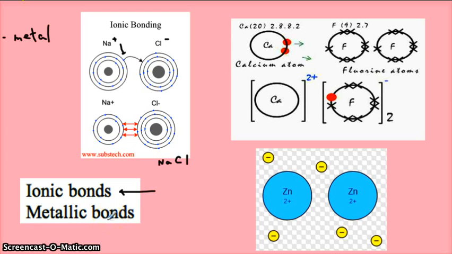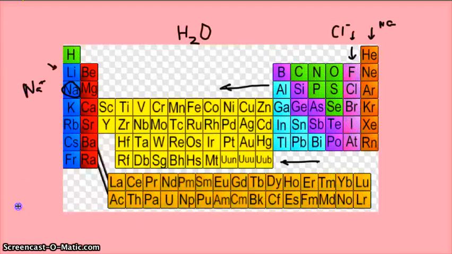Now, you do have some other things that can happen in ionic bonds. It's not just the ones that lose one electron. You have, for example, Ca, which happens to be right here. All these alkaline earth metals like Ca have a shell that is a little bit different.